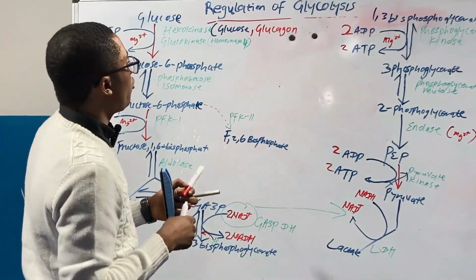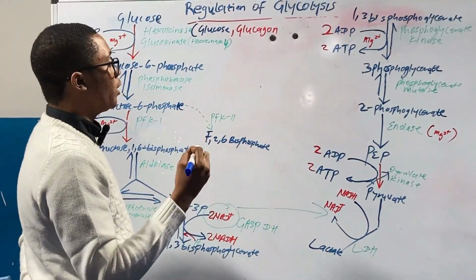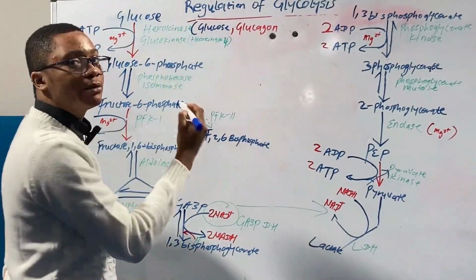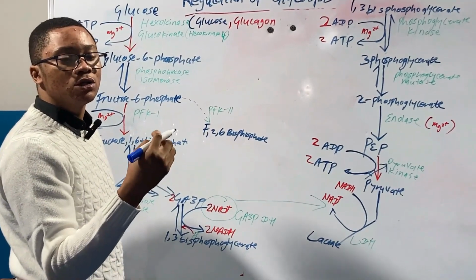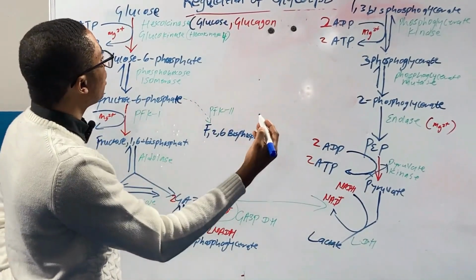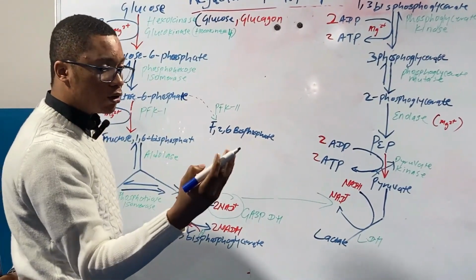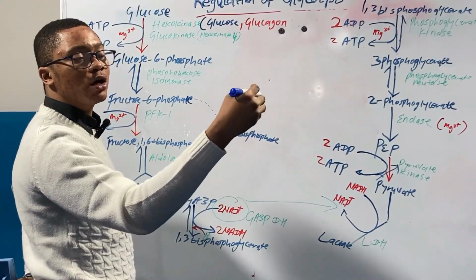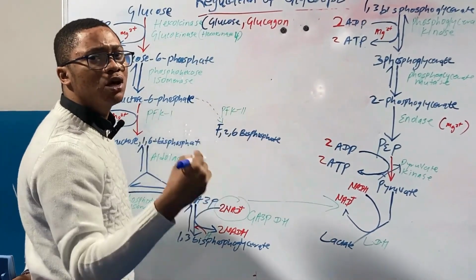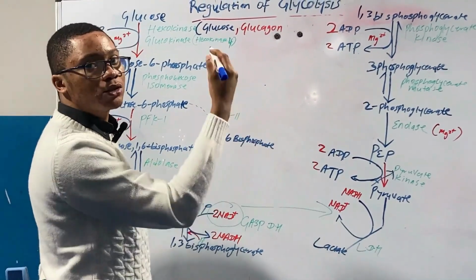Remember, when we eat food and glucose is being produced, the body releases insulin. Hormones carry out dephosphorylation and phosphorylation; that's what they actually do in the process of regulation.